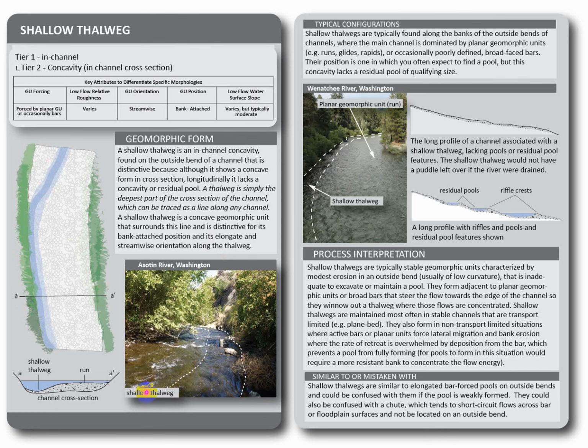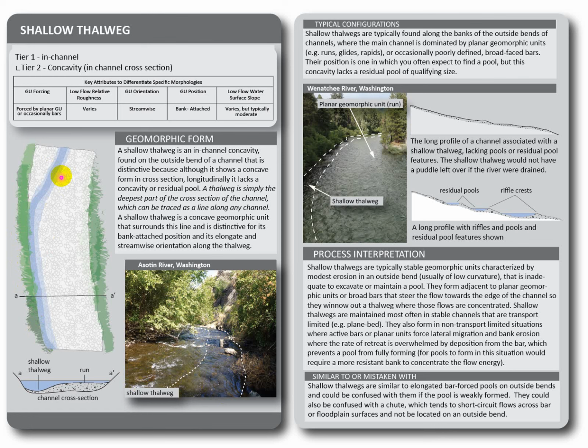You might look at something where the flow is on the outside bend. I might expect a pool out here, but we don't find one. And when we don't find a pool, but we're in that deepest part, and it's concave in cross section but planar in profile, that's a shallow thalweg.